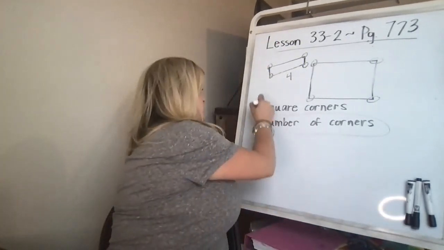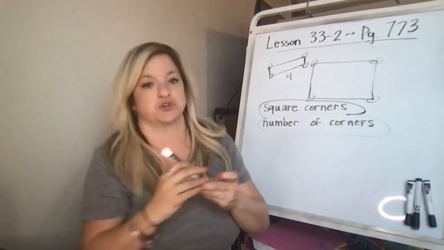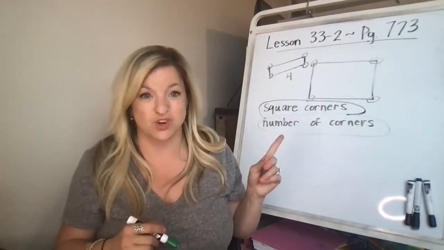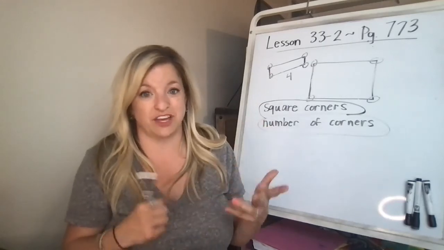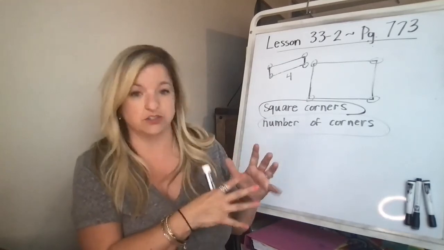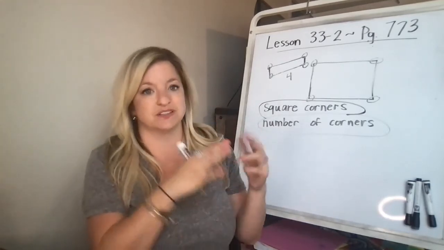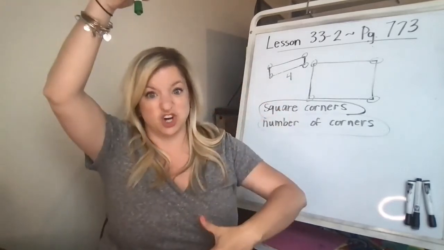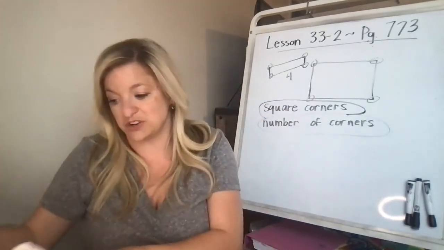So the answer is both. Both of those are correct. So you're going to circle square corners and number of corners. They're both the same. They're just kind of like how we talked about earlier. Like they're the same shape because they're both rectangles, but they have different sizes. One is thinner, one is not as tall, and one is taller. Okay, but they're the same.